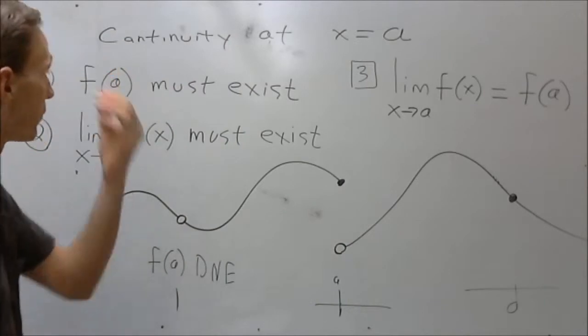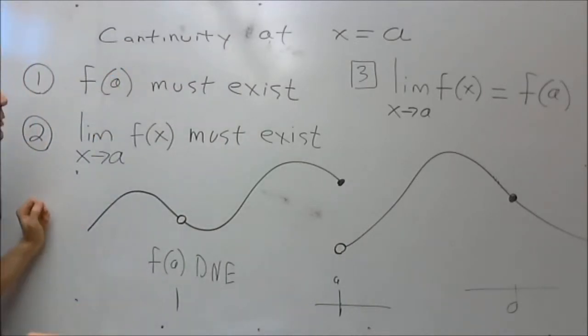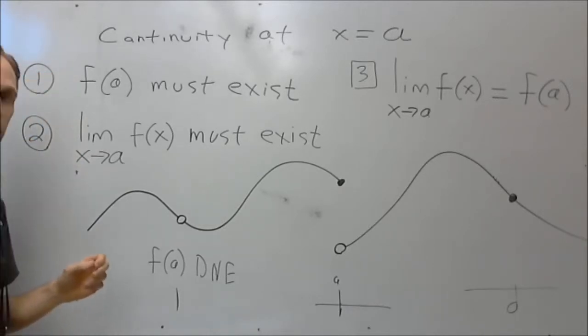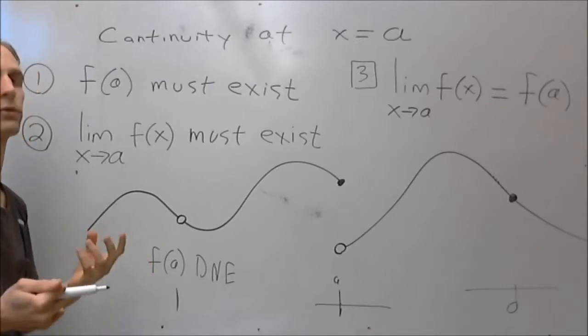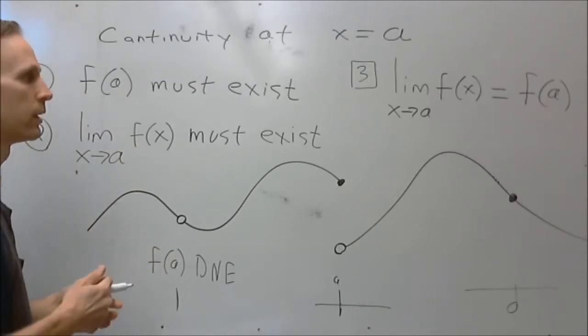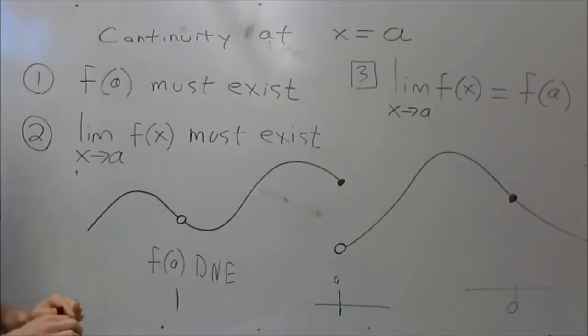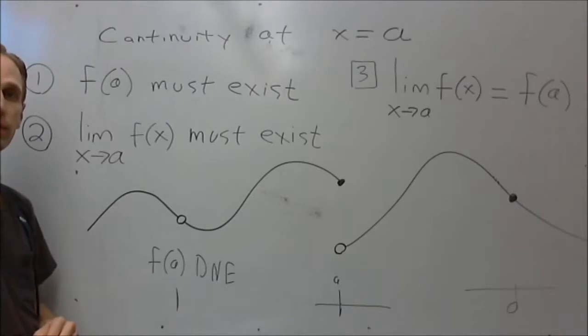So you need to know these three conditions for continuity at a point, and no single one. If you know exactly one of these is true, but not necessarily the others, you cannot assume that the function is continuous. So these are the three conditions. You have to know them, and let's do a couple of examples.